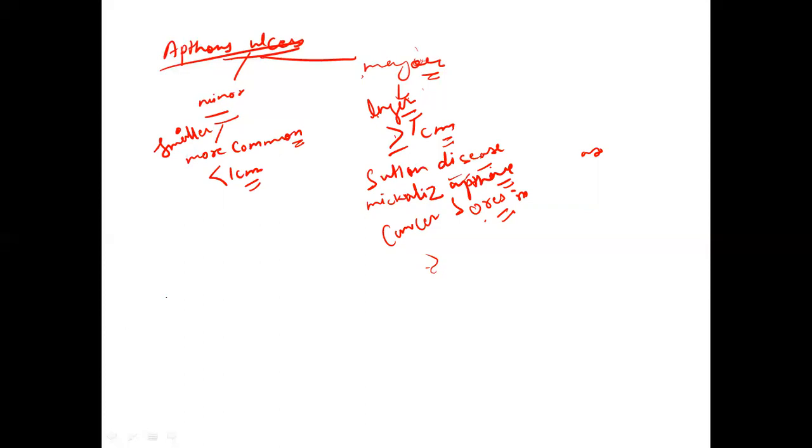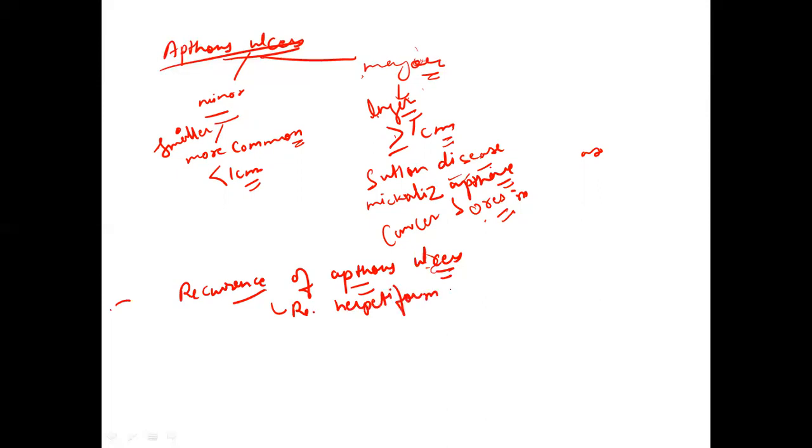And if there is a recurrence of aphthous ulcers, then it is called recurrent herpetiform ulcers, but they are not herpes.